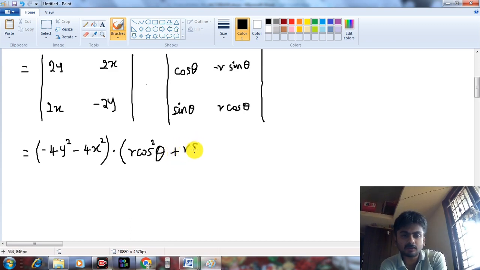The determinant value is r cos square theta plus r sin square theta.